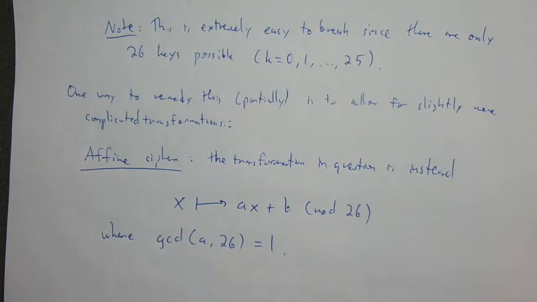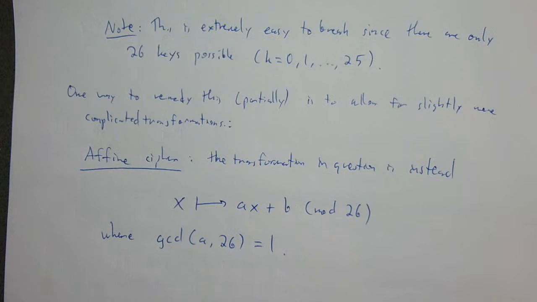Now, a couple of questions that you might have. One, before I wrote this line that I'm requiring the GCD of A and 26 to be 1, you might look at this and say, wow, there's a lot of possibilities here for my key. First of all, how do we label a key? Before, in our earlier process, the key K was just the thing that I added.